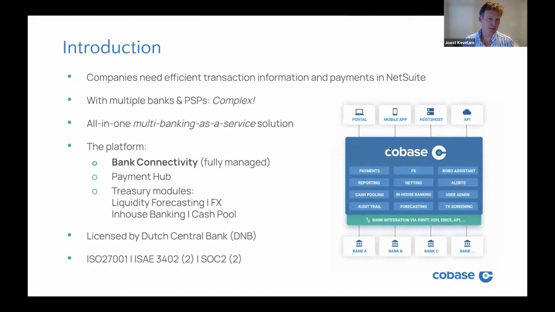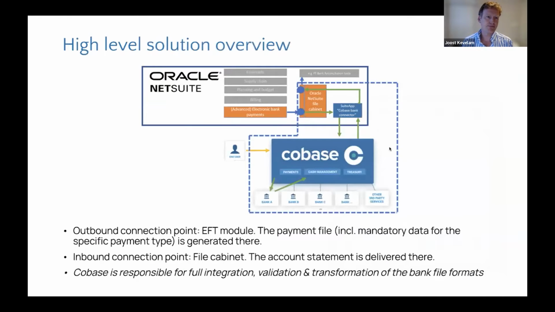Then there's the payment hub, and then the customer can enrich the platform with treasury modules such as liquidity forecasting, FX, in-house banking, and cash pooling. Last point I'd like to make here is that our company is licensed by the Dutch Central Bank. For our customers, that means that our company, our IT systems, and our IT processes are as secure as they are for dealing with a Dutch bank.